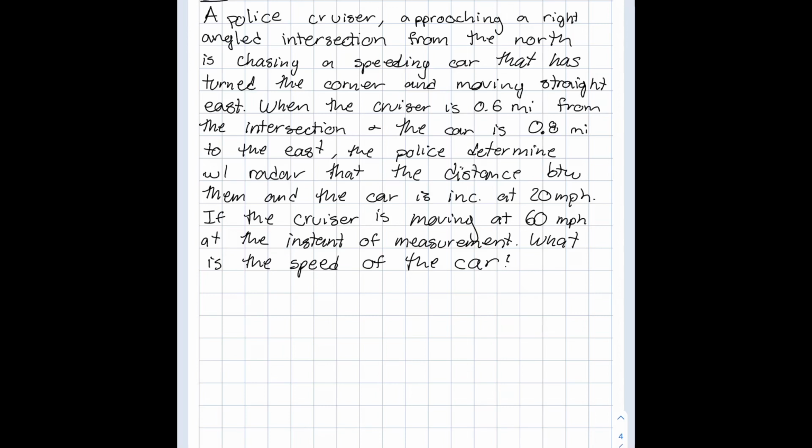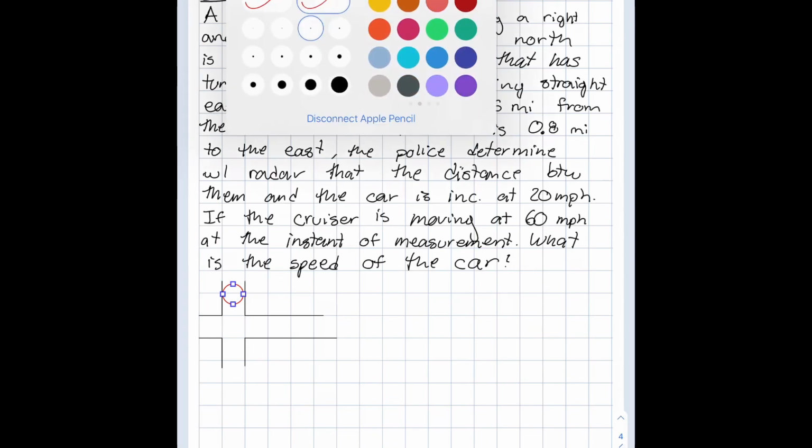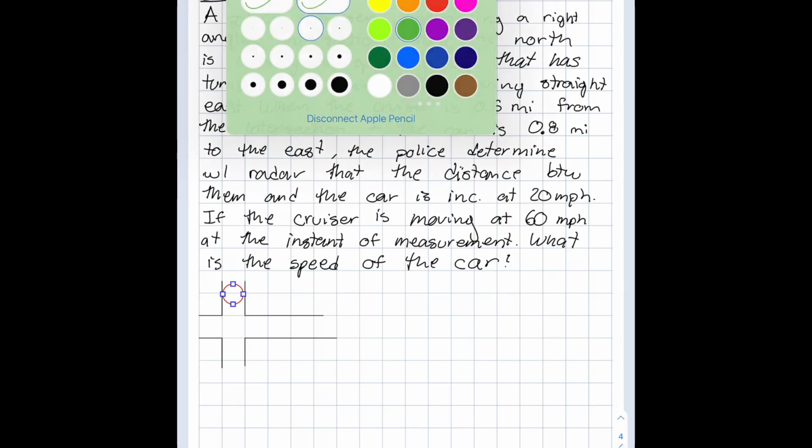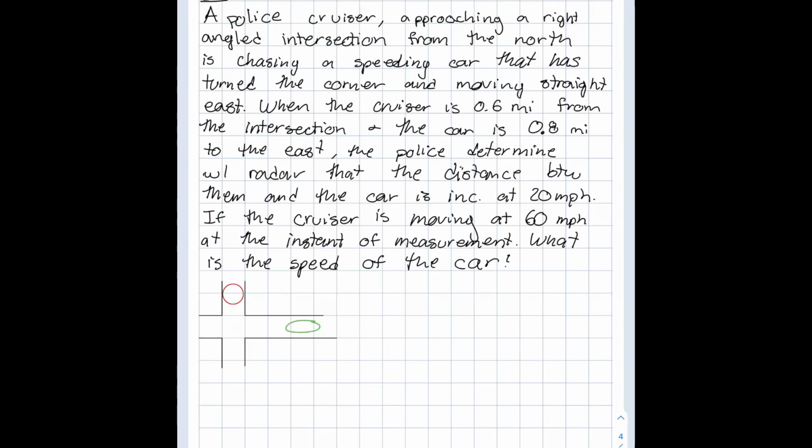So this picture is going to be a little bit more detailed. Here is our road, and we have Mr. Policeman right here, and this other car, let's make him green, over here.